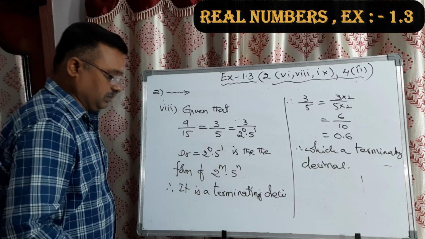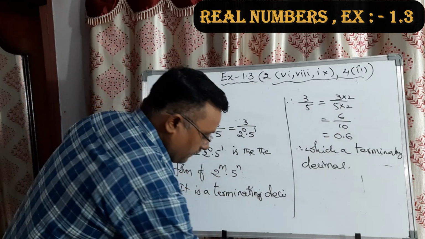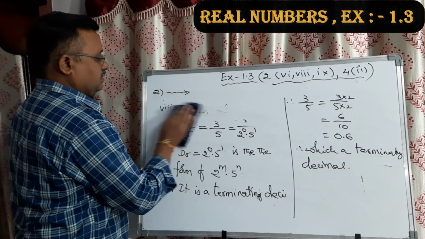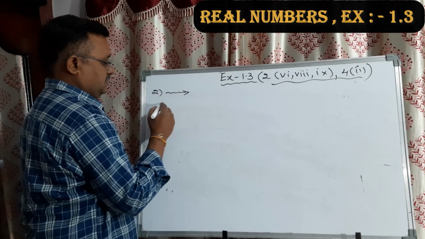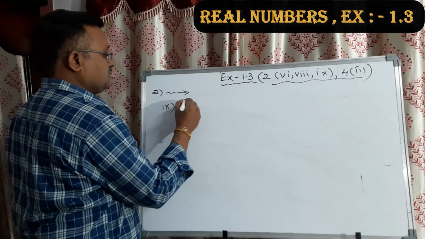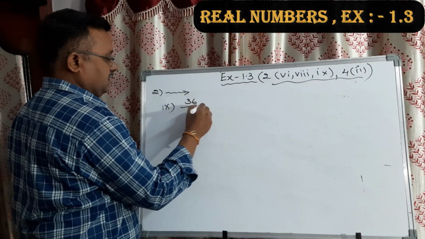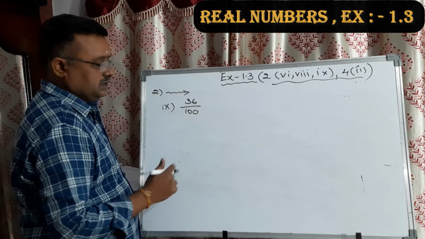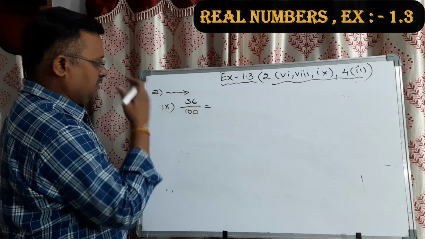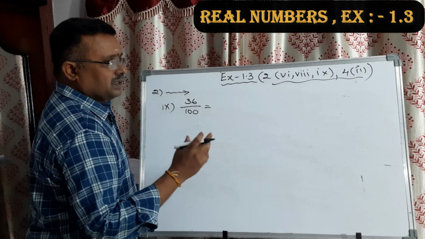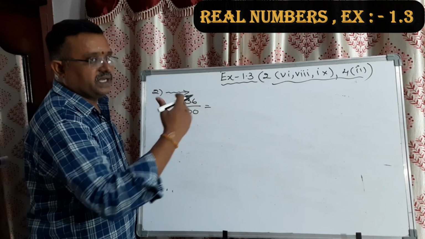So that model, one more problem we will take, that is the 9th question. They are telling 36 by 100. Directly I am writing. Check whether some cancellations are possible. Cancellation means their HCF will get cancelled.